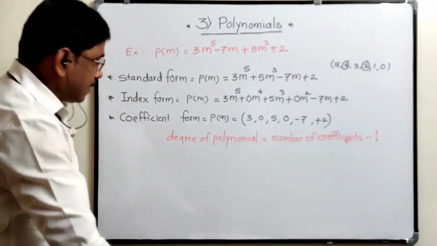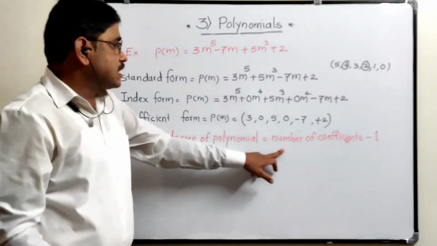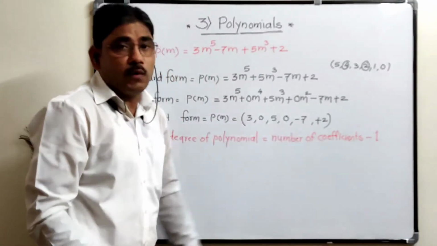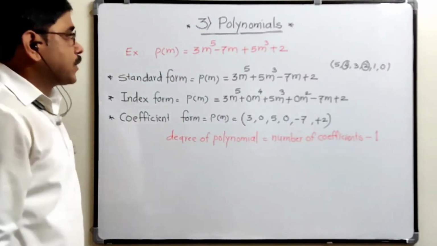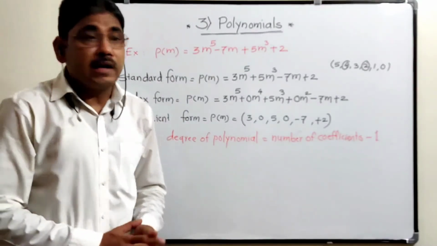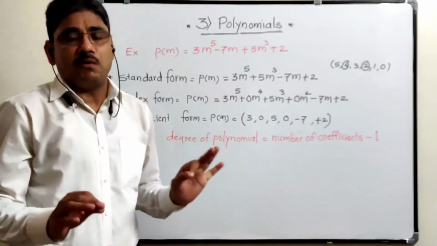So this is the formula. Degree of polynomial is equal to number of coefficients minus 1. So using that formula, you can find the degree of that polynomial if it is given in coefficient form.